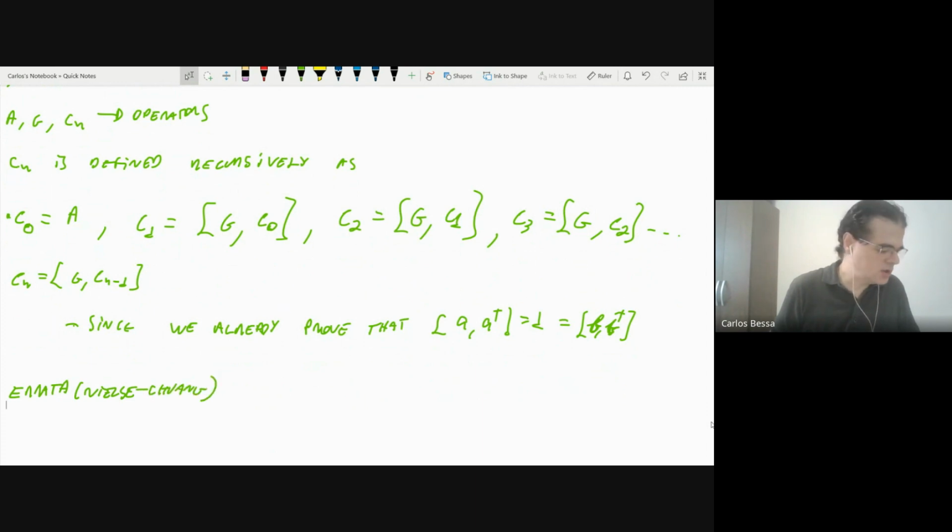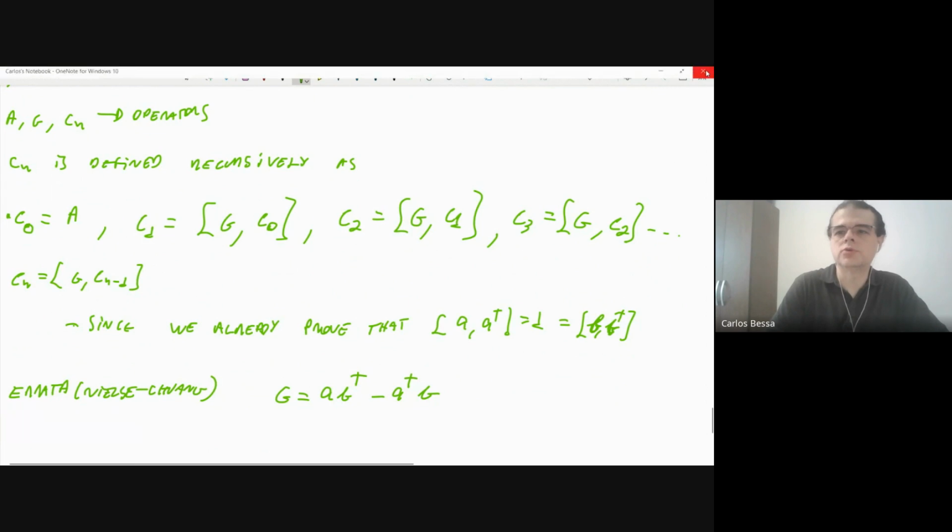This is in the definition of G. G is defined this way. This is the correct way, because in this way it is consistent with the definition of the Hamiltonian.